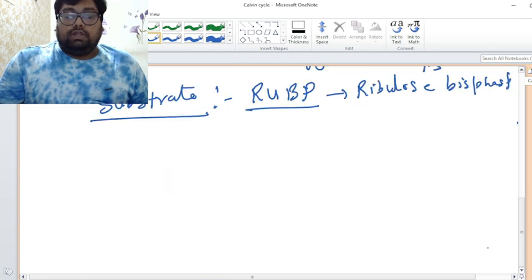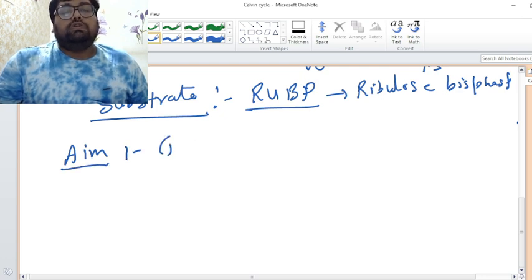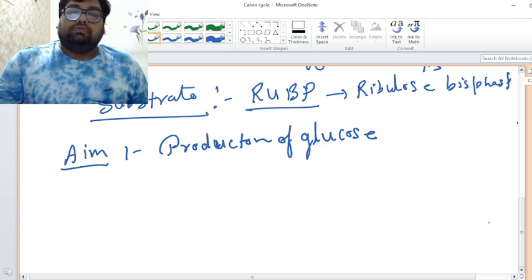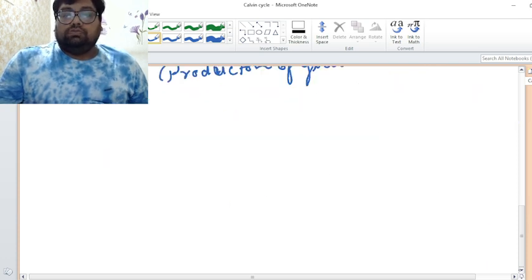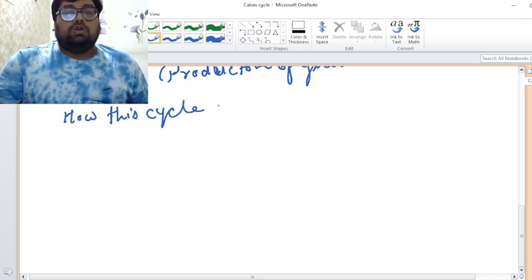So basically, what is the aim of this reaction, the Calvin cycle? The aim is the production of glucose. How does this cycle occur?